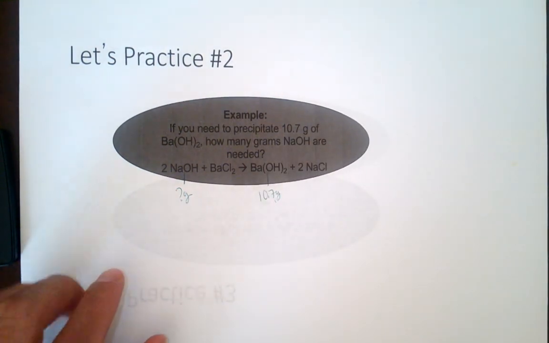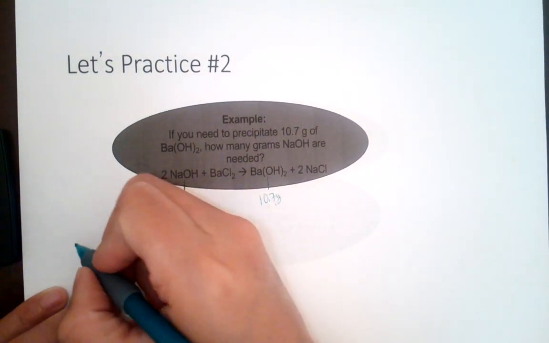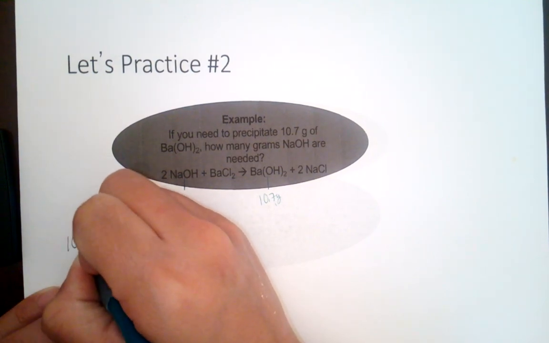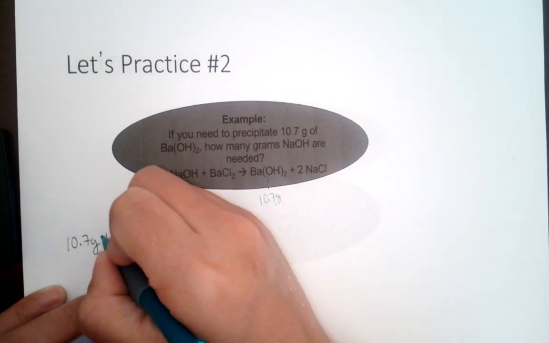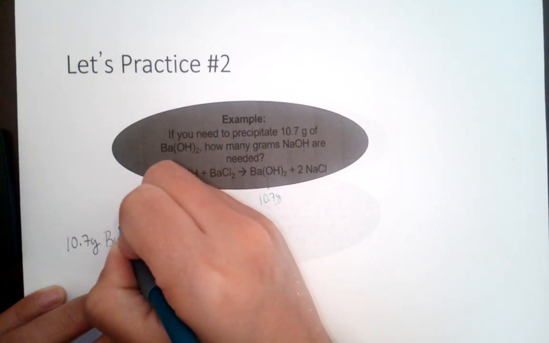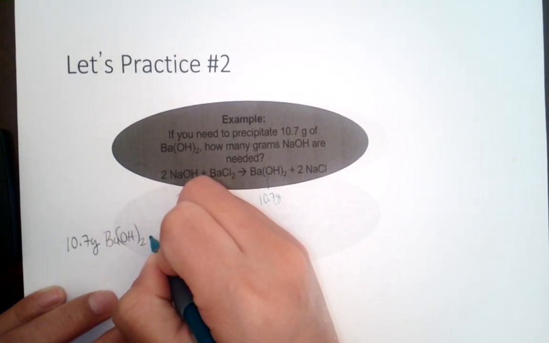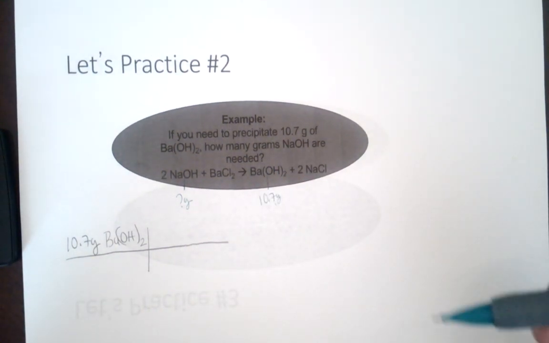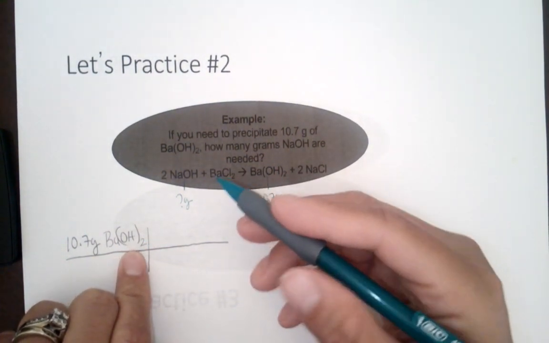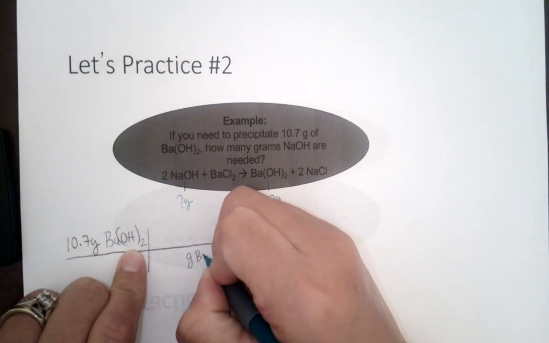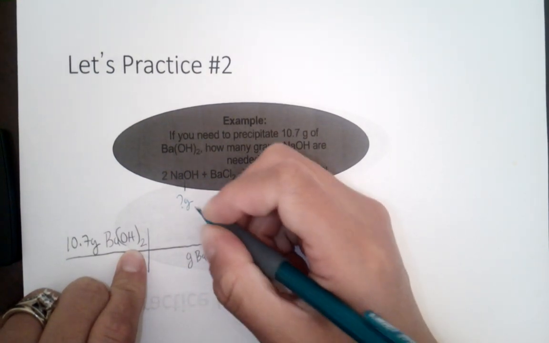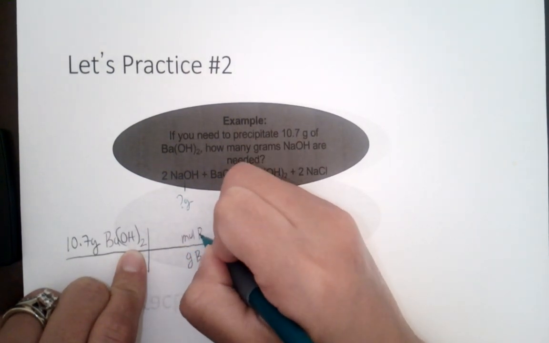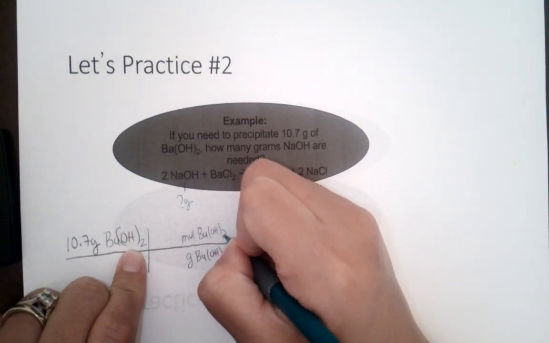Okay, so let's start by writing what we have. We have 10.7 grams of BaOH2. Okay, and we want to get rid of grams of BaOH2. And we want to turn it into moles of BaOH2.